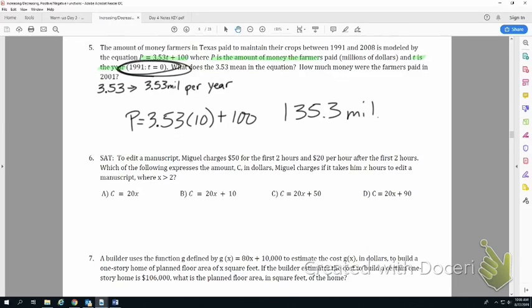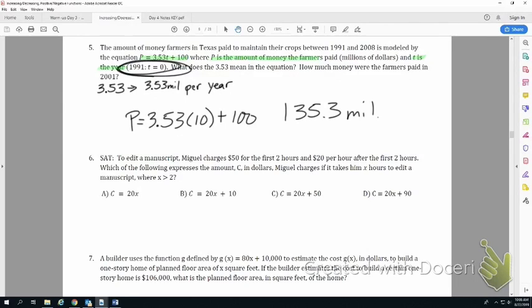All right, I want you to do 6. Work as a group. To edit a manuscript, Miguel charges $50 for the first 2 hours, $20 per hour after the first 2. Which of the following expresses the amount C in dollars Miguel charges if it takes him x hours to edit the manuscript, where x represents a number over 2? So which one of these would be the correct answer choice?